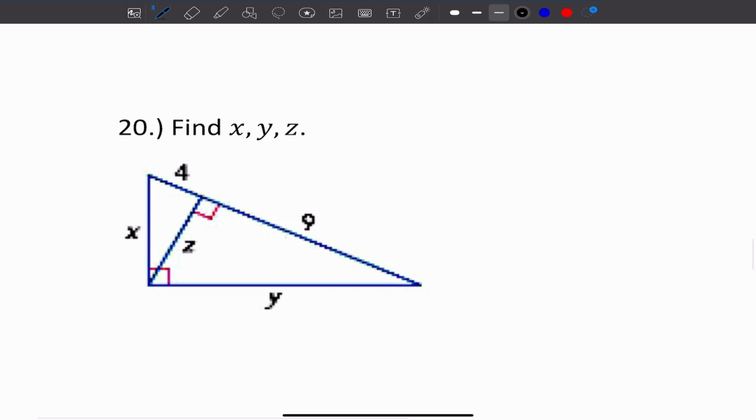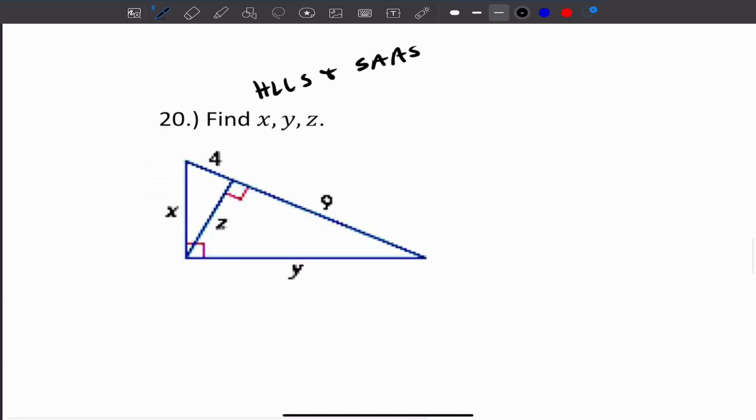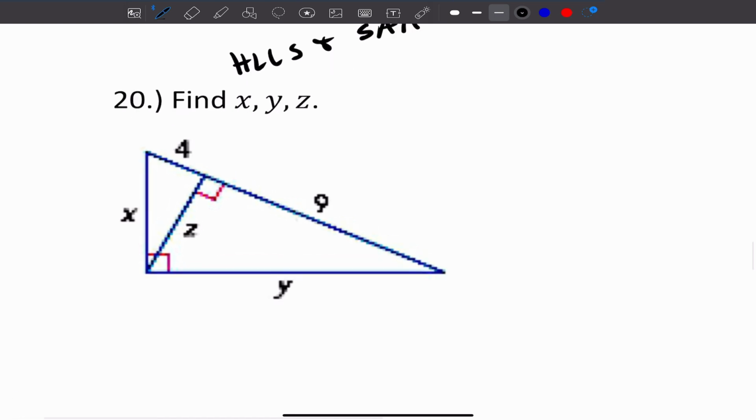Okay, so number 20, find x, y, and z. So you're dealing with a right triangle, so we're doing right triangle proportions. You're going to do Hills and Sass. The one thing that I like to do is label.